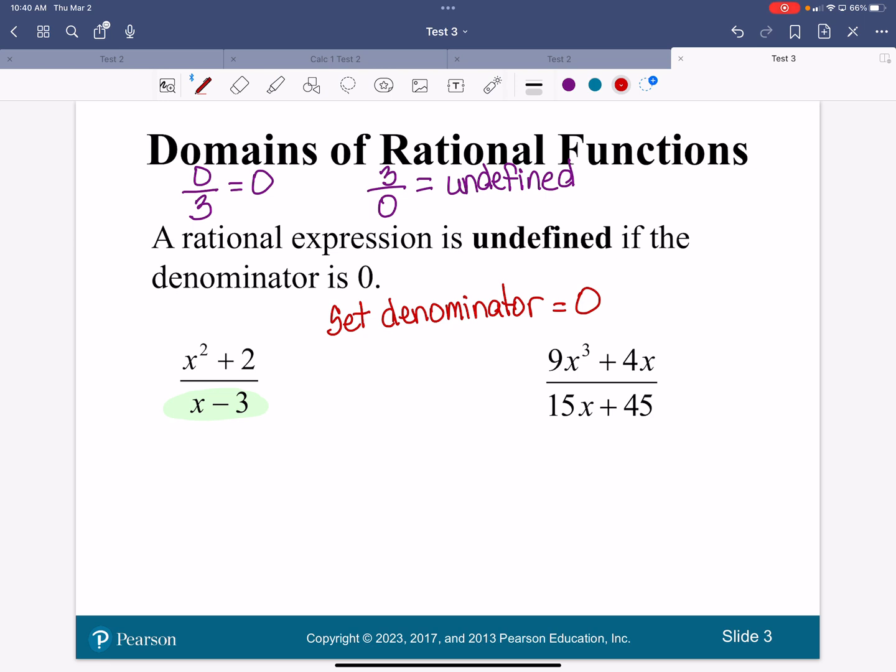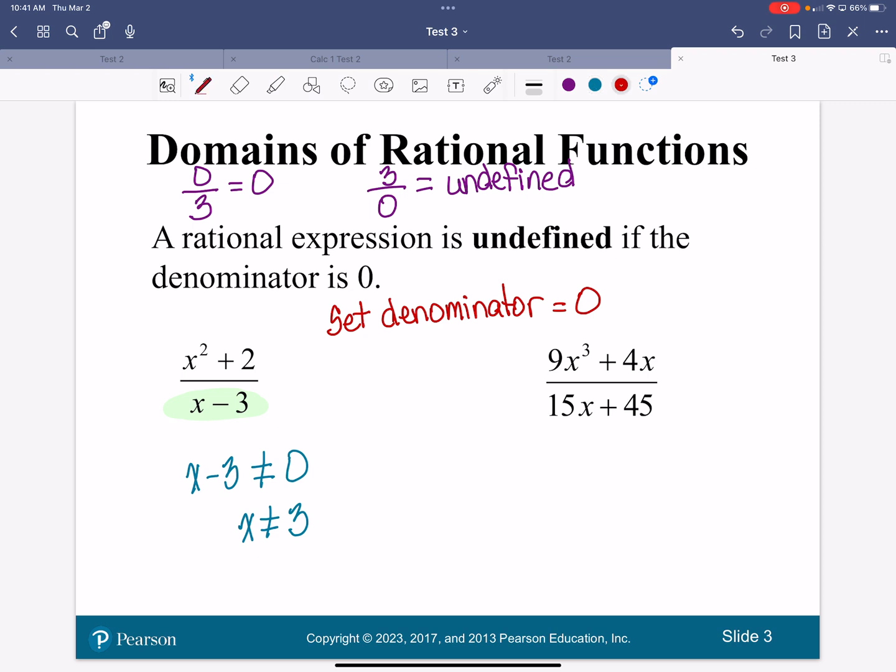Okay, and that's what we're solving. x minus 3 cannot be 0. So what value of x gives me 0 in the denominator? 3. Okay, so it means that x cannot be 3.